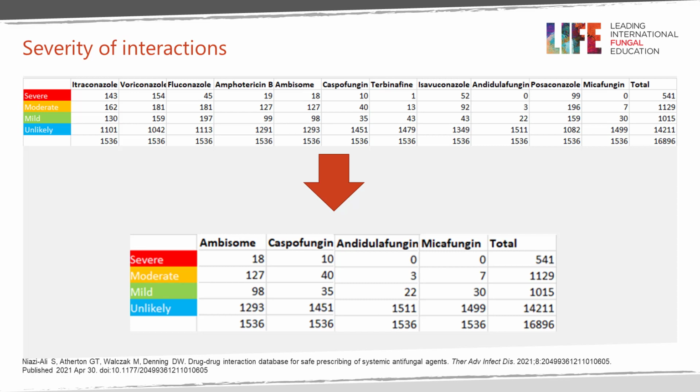This doesn't mean that they're any less of an issue. We just manage them, and the interactions classed as severe for these drugs are a little bit different, and we'll talk about how and why the severe interactions occur for these drugs compared to azoles.